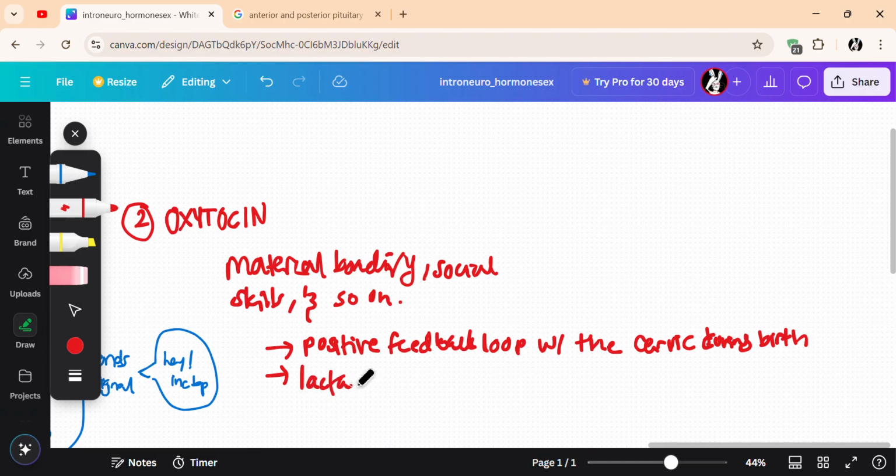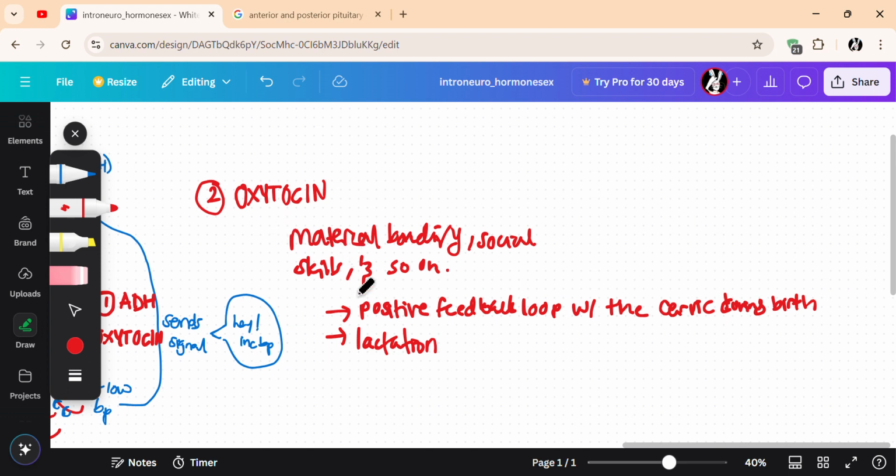Another one is in lactation, so feeding, milk production. And there's still a lot of research being done into specifically what oxytocin does and its other roles, but it's been found that autistic children have low oxytocin.